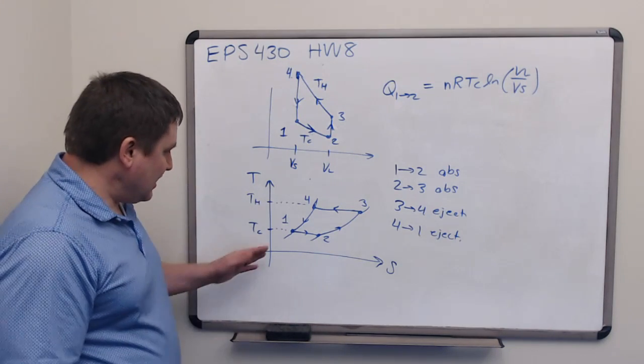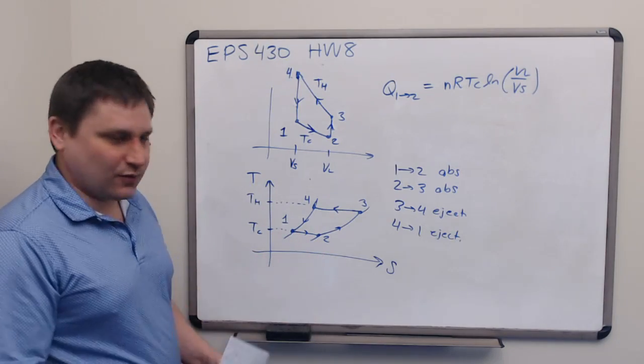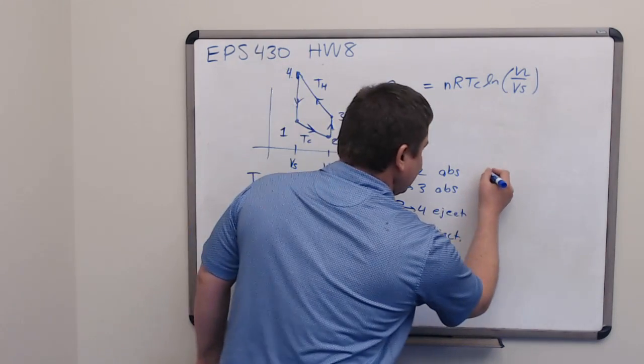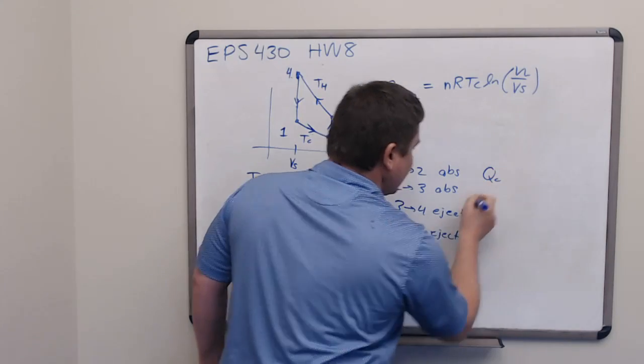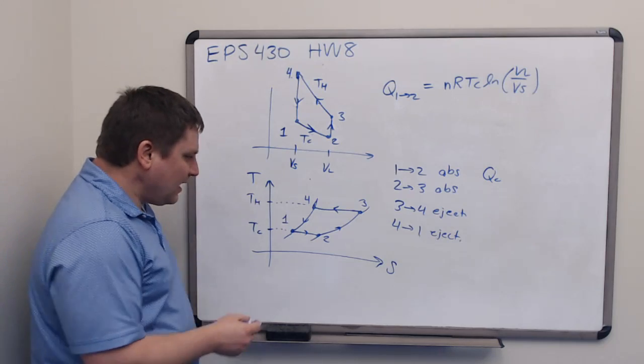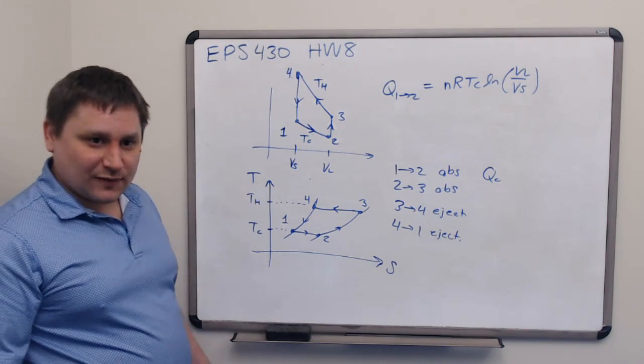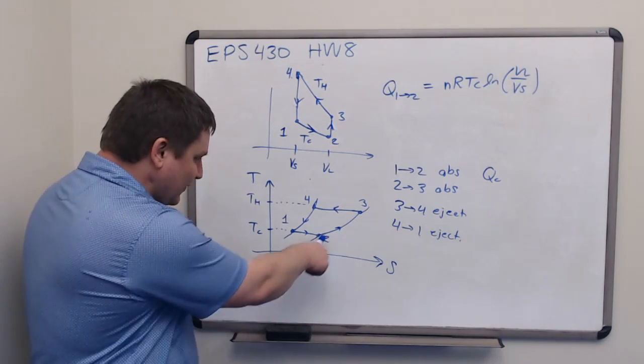Well, we want 1 to 2 to be an absorption of heat from the cold reservoir in a refrigerator. So that's going to make sense to be a contribution that's positive to QC. 2 to 3 is also an absorption. We'd love it if that could absorb from the cold reservoir, but look at what happens here.